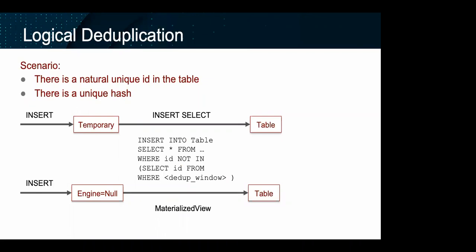In addition to tools on the database level, you can do something on the application level, which we call logical deduplication. This is good for a scenario when you have a natural unique ID in the table, or you can calculate a unique hash. It works like the following. You first insert to some temporary table.